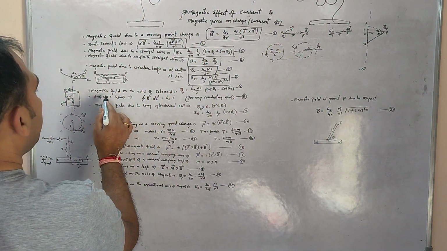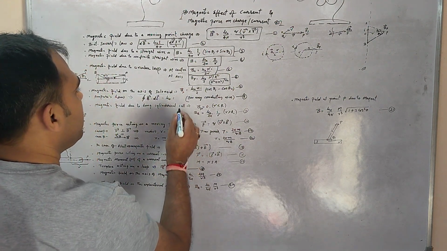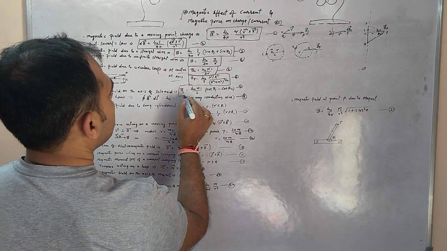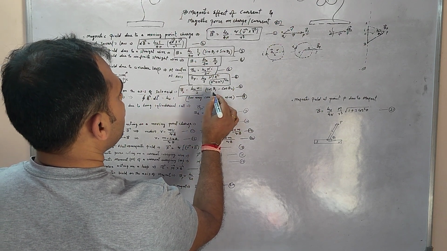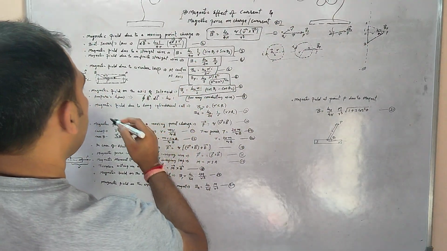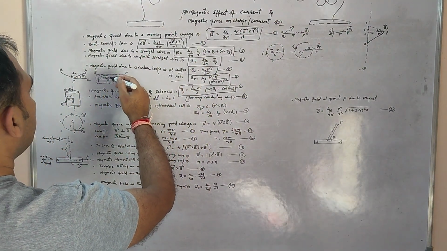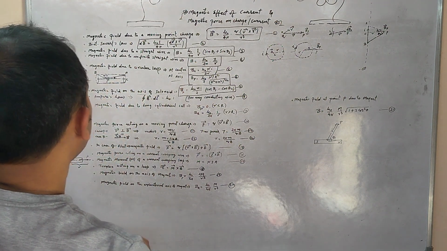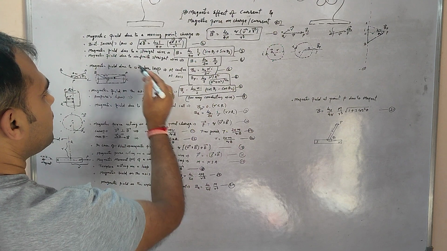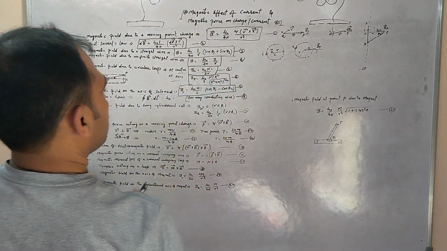Then comes magnetic field on axis of a solenoid. This will be Bp equals mu naught N I by 2 (cos theta 1 minus cos theta 2). I is the current that is flowing in this solenoid. N is the number of loops or turns. What are theta 1 and theta 2?